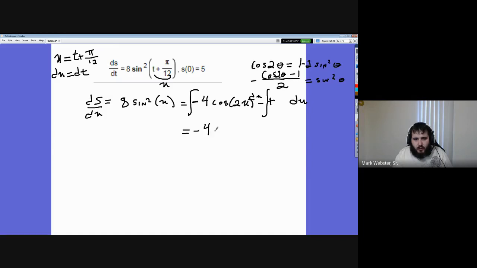Negative 4 times 1/2 sine, minus, that was a 4, plus c. And then let's make this all nice and neat. -2 sine of 2u minus 4u plus c.